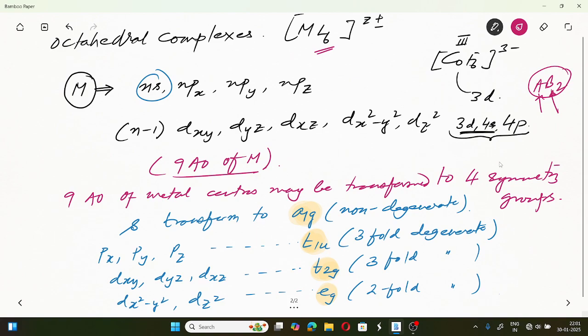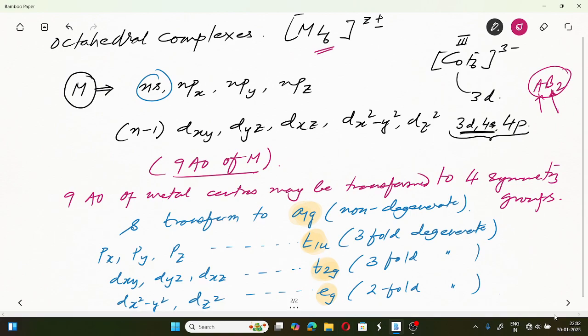We have to construct group orbitals. The group orbitals were constructed, for example, in water molecule or BeH2, BeF2. So in this case also, we have to consider group orbitals having matching symmetry with these 4.